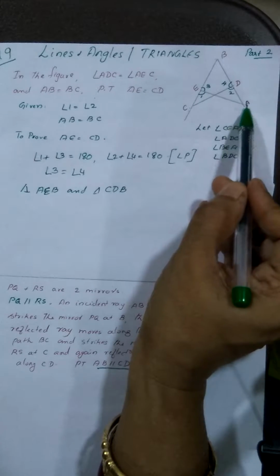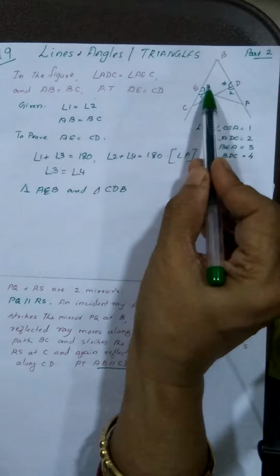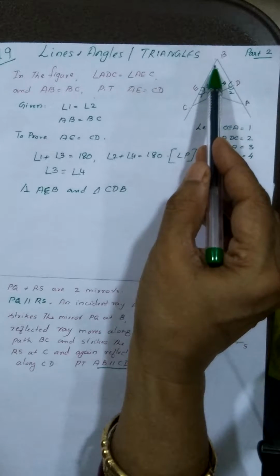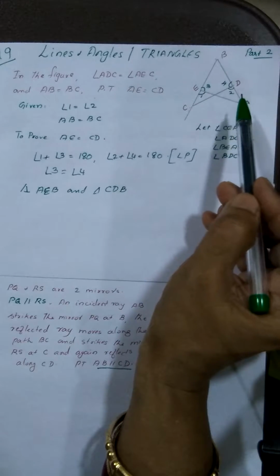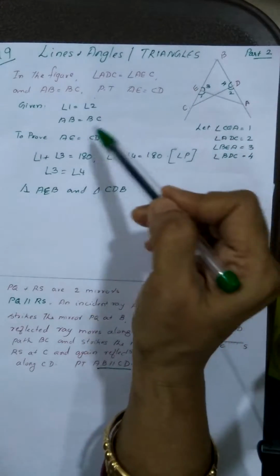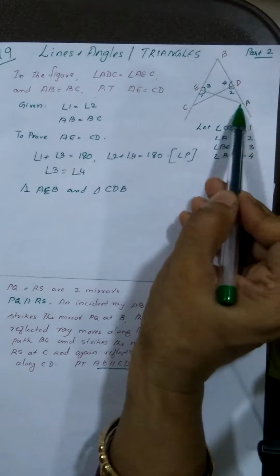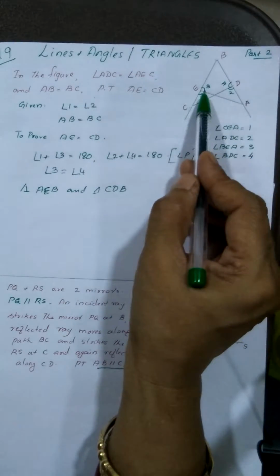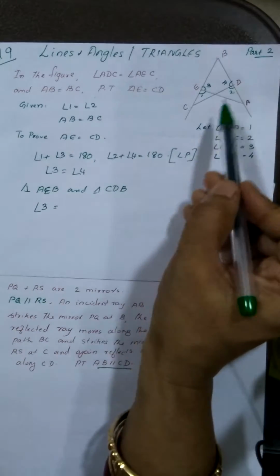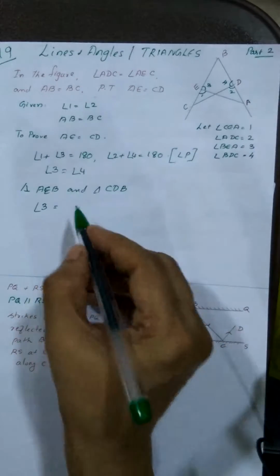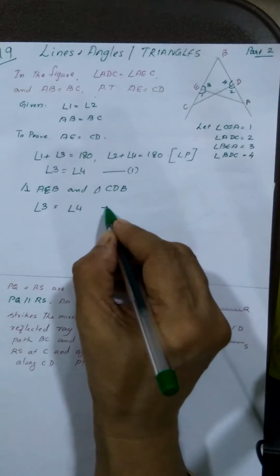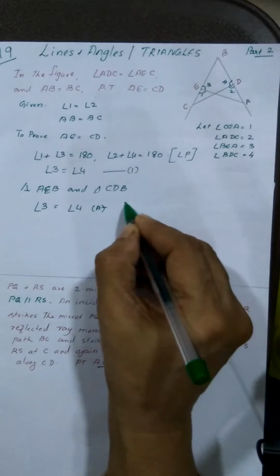So in this, we got this angle is equal, and we have B as common in both the triangles, and we have AB and BC are equal, which is given. So we will write in triangle AEB, angle 3 is equal to, in triangle CDB, angle 4. We will write this as 1. So the reason is angle from 1.